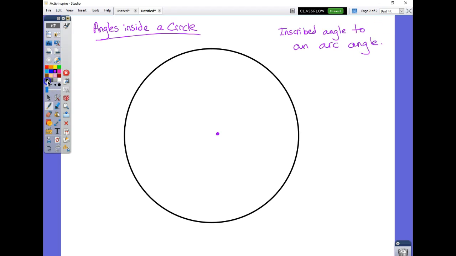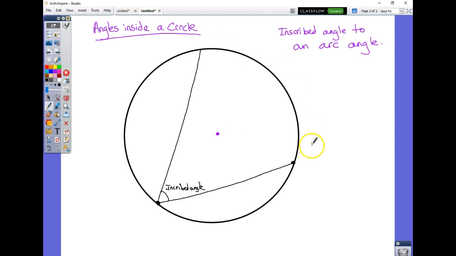So an inscribed angle is any angle that can be created by having a set of chords that intersect. In this case, this would be my inscribed angle.